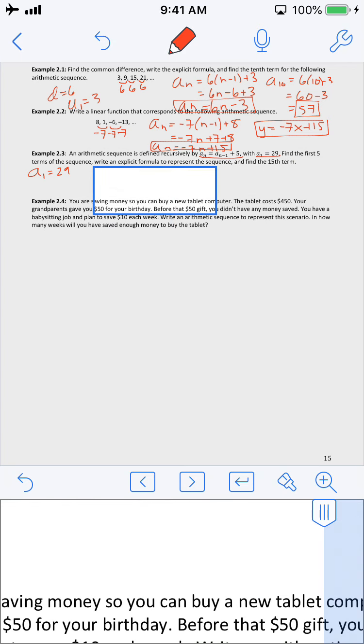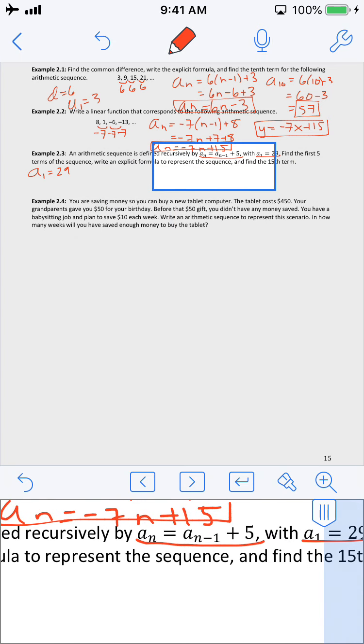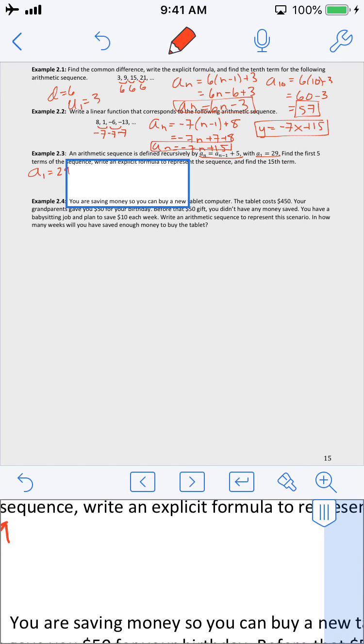This recursive here is telling us that the previous term, n minus 1, adding 5 equals the next term, an. And sometimes it's easier to see that if you just simply switch the equal sign around. An minus 1, the previous term, plus 5 gives you the next term, an, right?